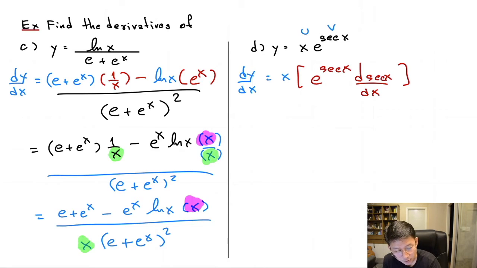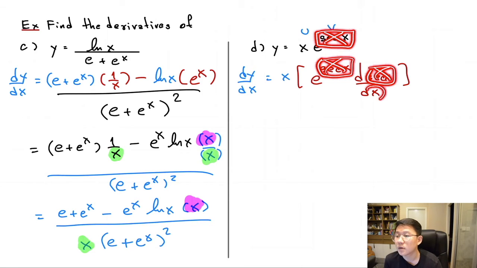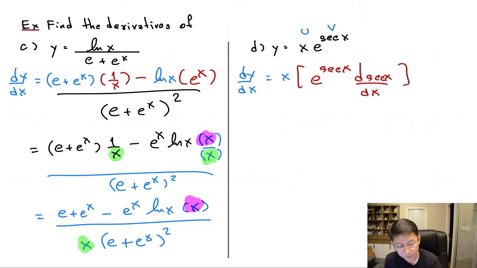The derivative of e to the x is e to the x d the big X by dx, plus v, which is e to the sec x, du would be dx by dx, which is 1, right? dx by dx is 1.